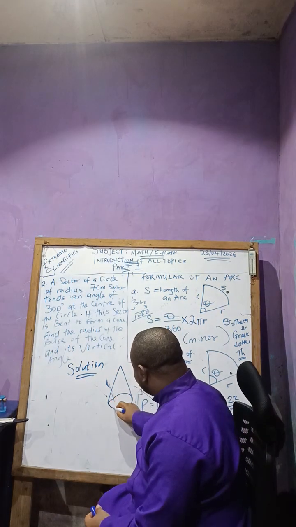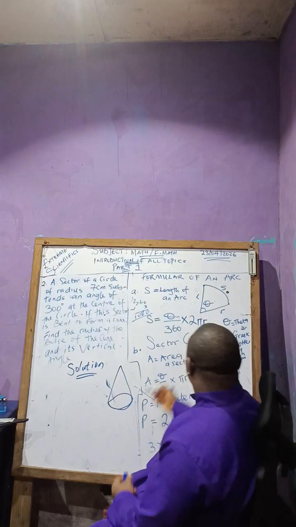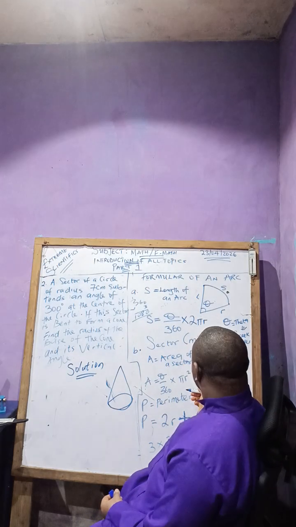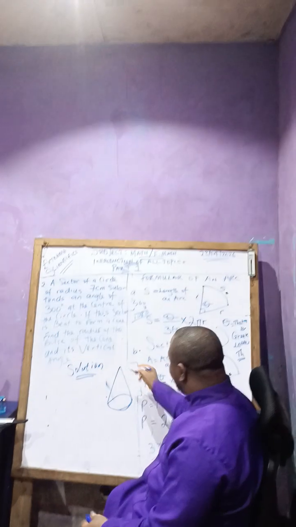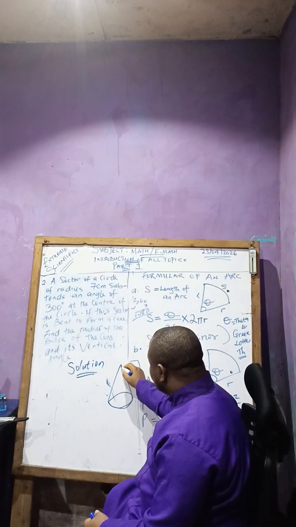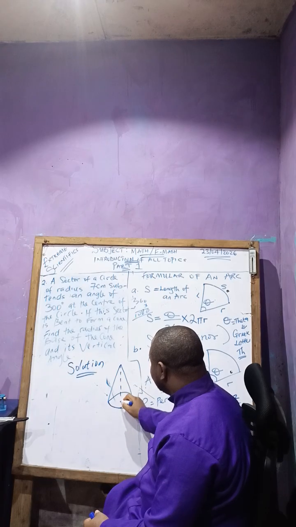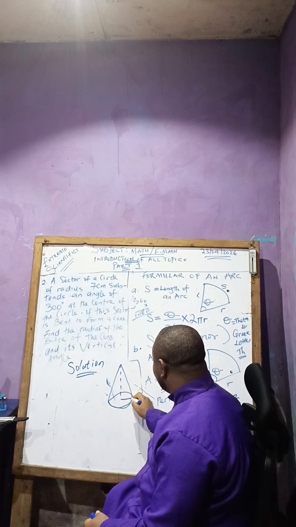Are you understanding me? Now you fold it, you need to form what? A cone. So there will be a vertical line here. There will be a radius here.